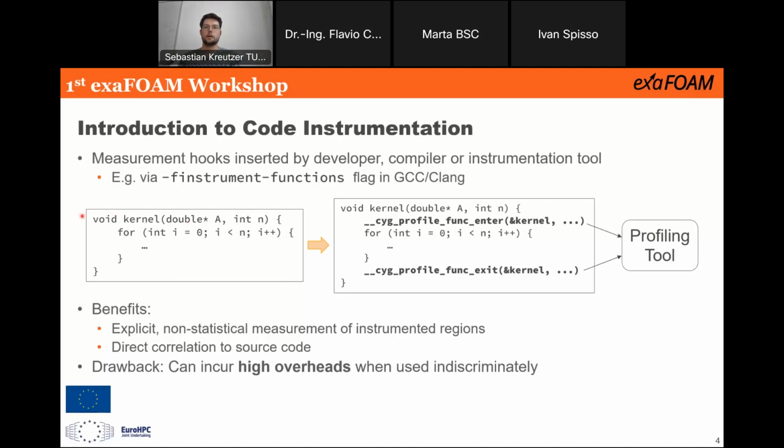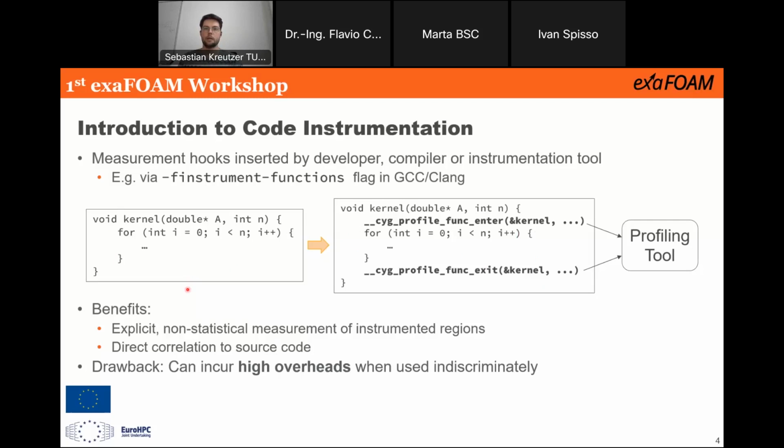So if there's some function, in this case just called kernel, so it's any kind of computational kernel, and if you pass this function, then at the entry and exit points, the compiler will insert these profiling probes that just say, okay, here's where the function starts, here's where it ends, and these probes then call a measurement library, which can be CaPI or any other measurement tool, which can then collect timing statistics or more advanced information about the performance of the program.